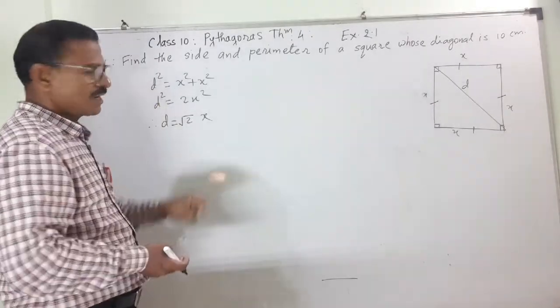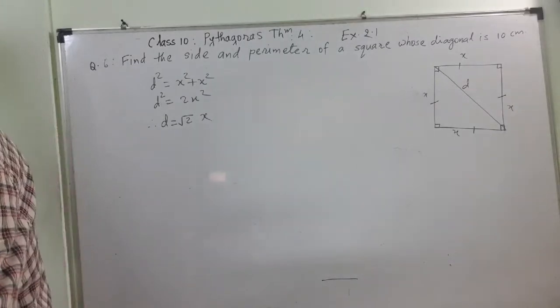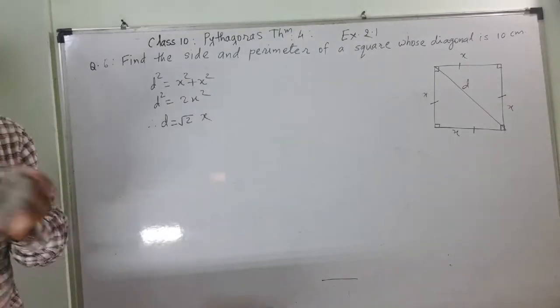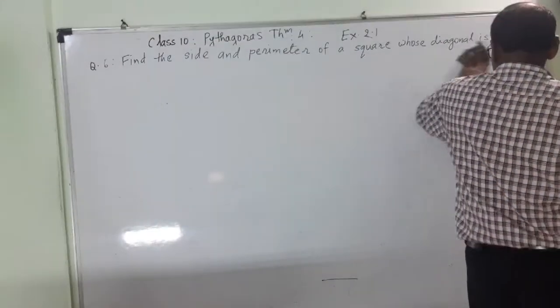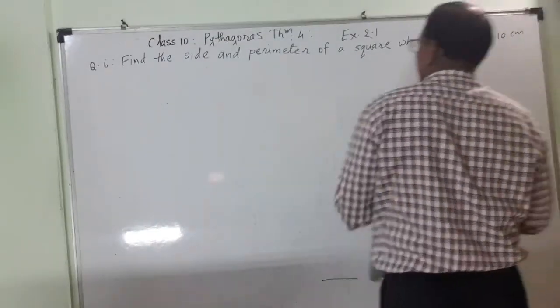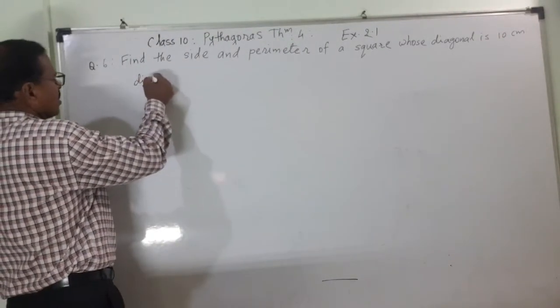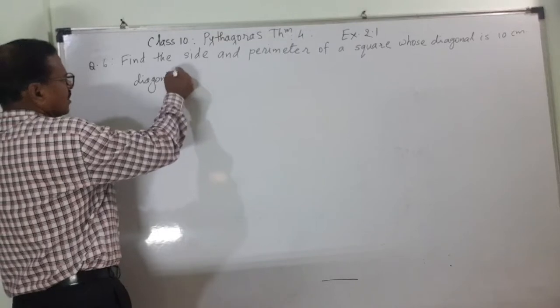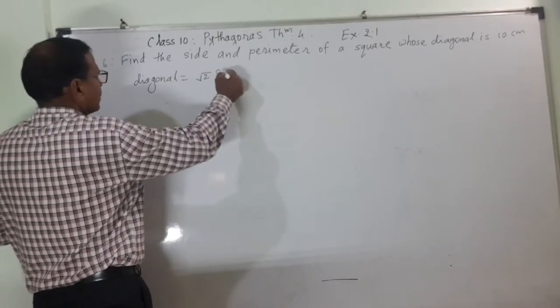So from here I will start. This was just for the explanation purpose. So what I have understood is diagonal is equal to root 2 into side. This is the formula.